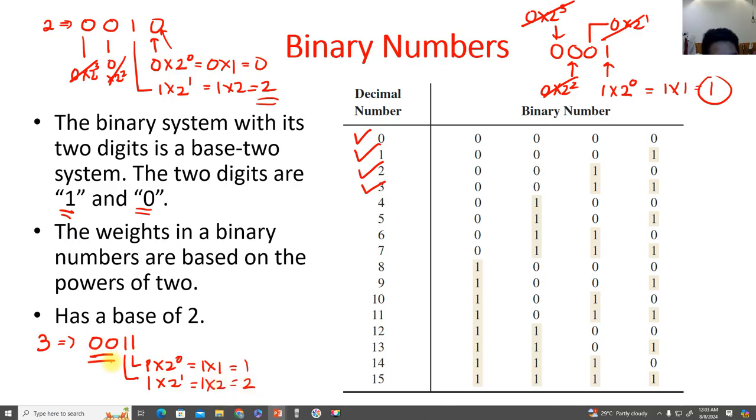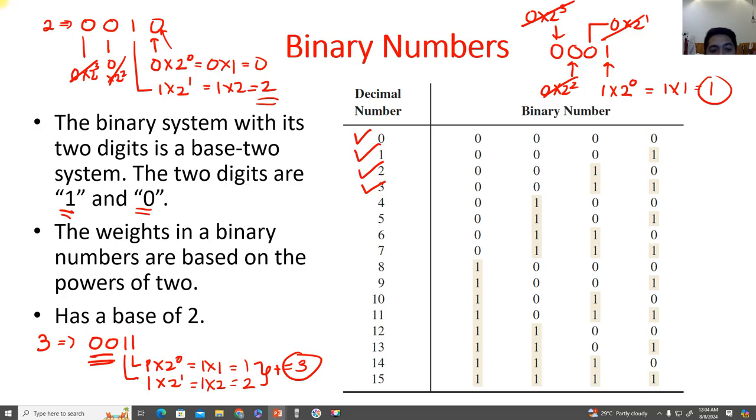Then we have zeros here, so nothing to solve. 1 and 2 added will be 3. That's how we convert a decimal number into a binary number, and vice versa.